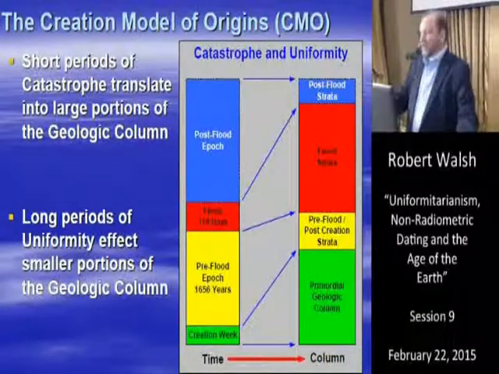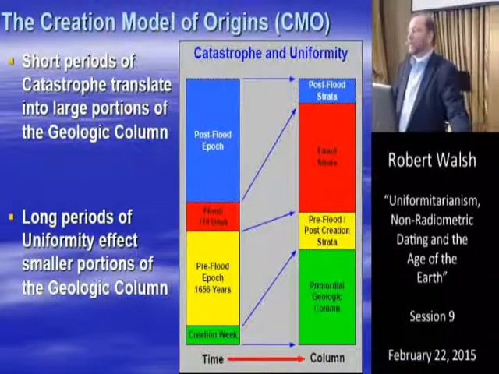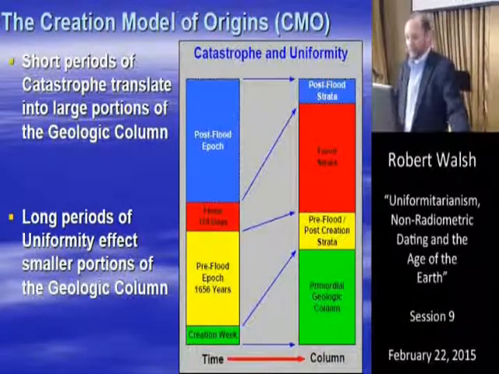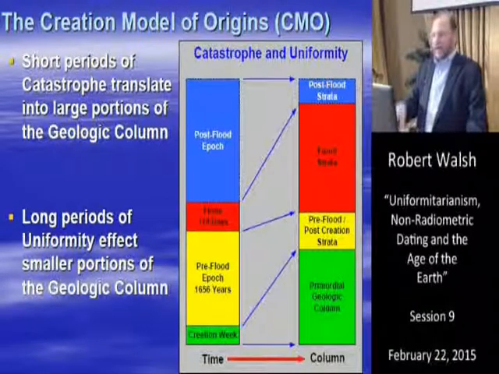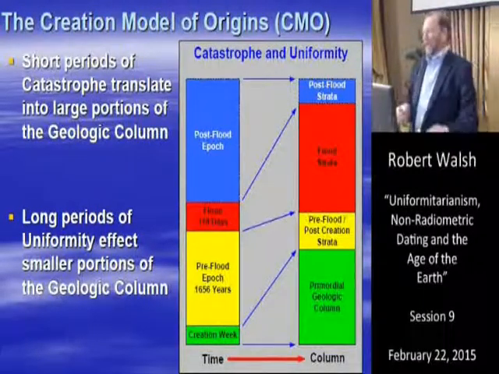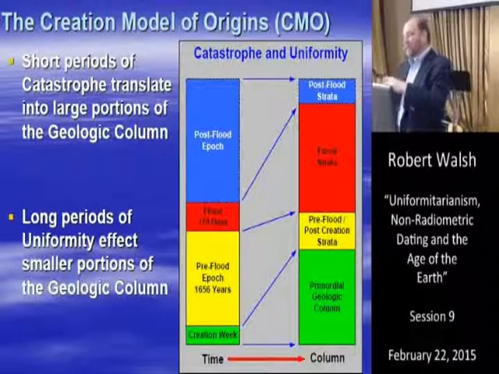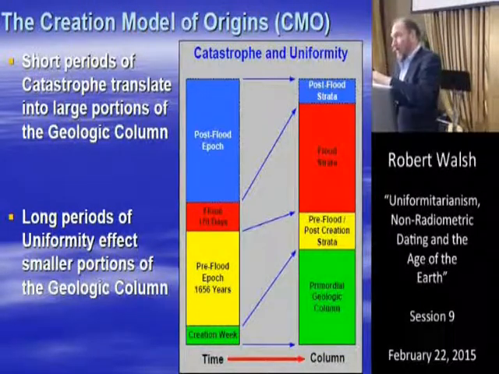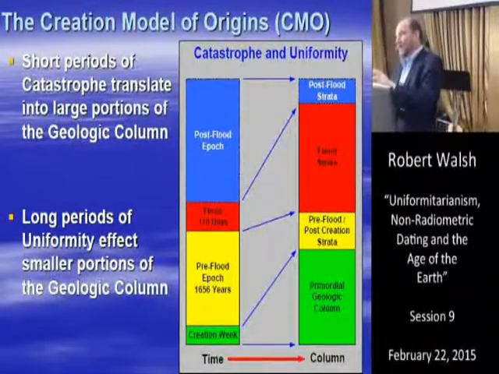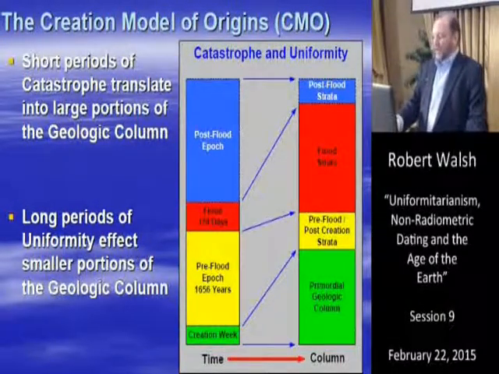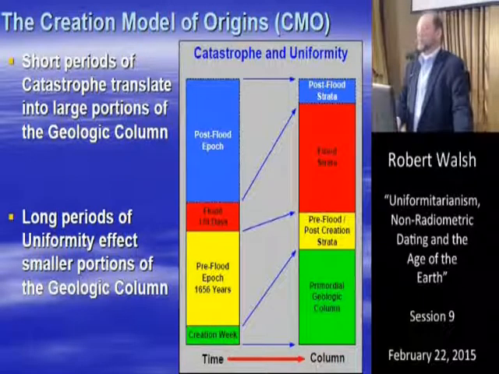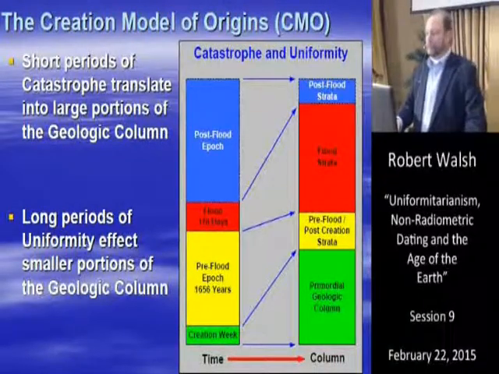Okay, so there we'll see an example of something that took place in a period of uniformity, though it was caused by a catastrophe. So you can kind of see this idea now. Catastrophe forms the majority of the column. Uniformity forms a minimum amount of the column. That is essentially what the creation model of origins would conclude.